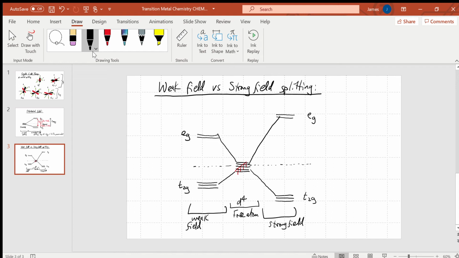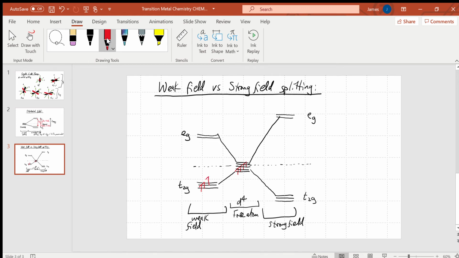So let's see what happens to our 4 electrons in these different types of fields. Okay, well, we know that the electrons in this case would fall into the T2G level. So we would have Hund's rule, fill each orbital once before you pair them up.